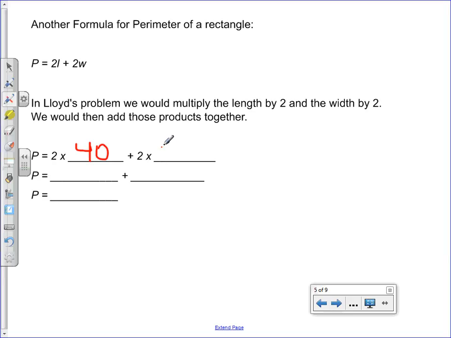And the width is 24, so we could do 2 times 24. And that's 80 and 48. So that's basically what we did in the last problem by using our compatible numbers. And so our perimeter is 128 feet. It's just a bit of a shortcut.